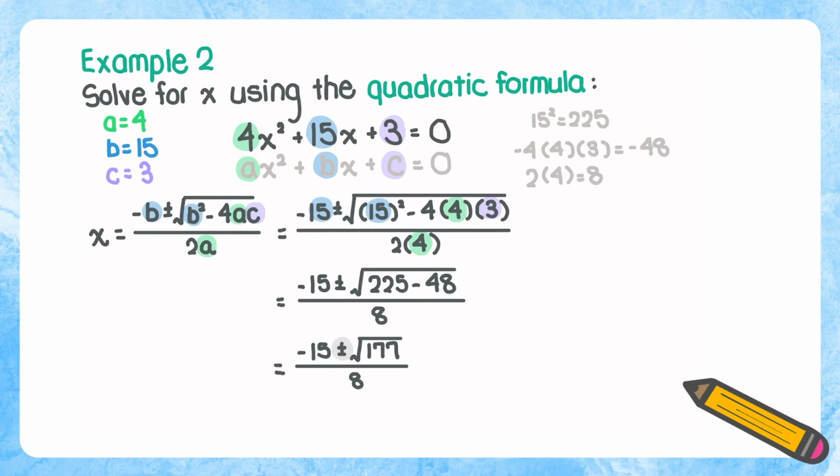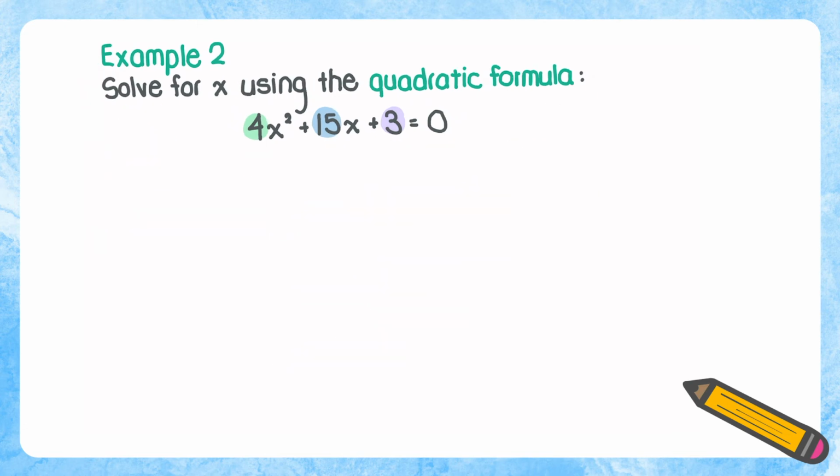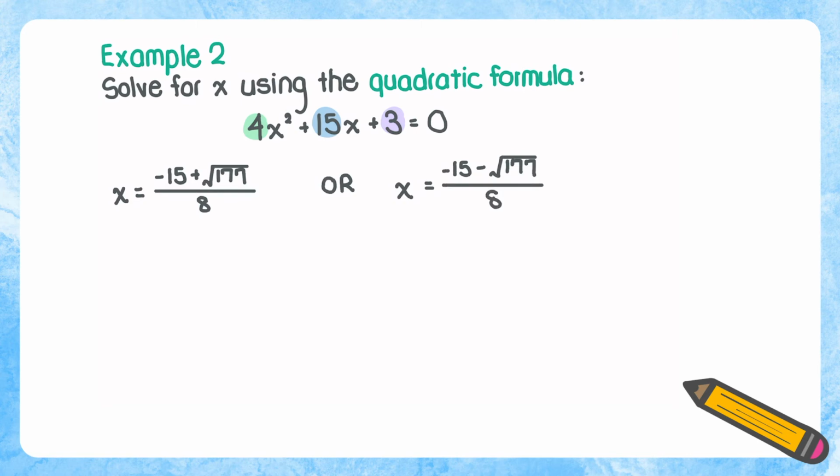Again, since we have this plus or minus, we have two potential solutions for x. So we either have x equals negative 15 plus the square root of 177 over 8, or x equals negative 15 minus the square root of 177 all over 8.